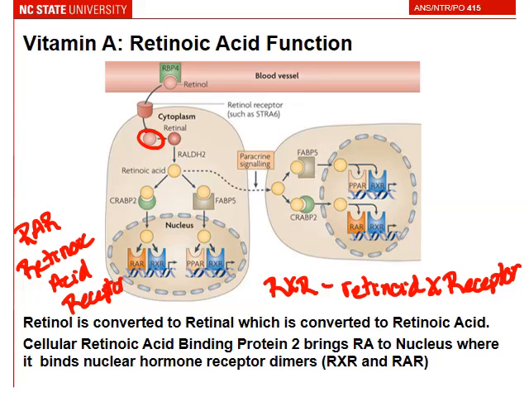And so once we have our retinoic acid within the nucleus, you'll notice that these are dimers, meaning that we need two of them. So we can have RXR bind various other nuclear hormone receptors, including PPAR, vitamin D receptor, so many various different things, and FXR, etc. RAR can only bind RXR, or it can homodimerize, where we can have it bind another RAR.